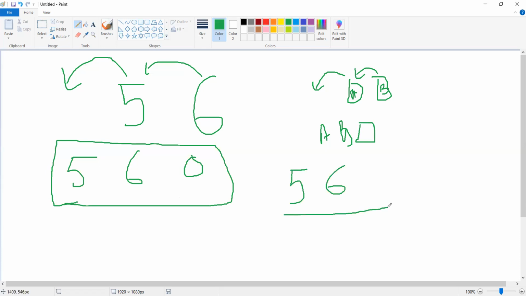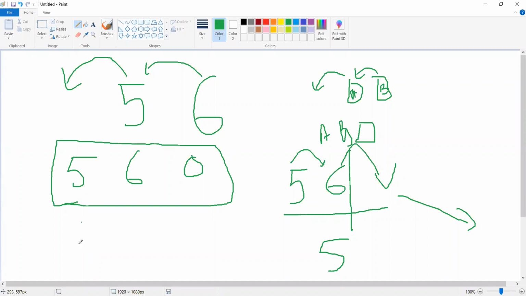What happens? This is your unit place, so 6 will fall off the chair, and 5 will move here. So you get 5. When you do right shift, the last digit disappears.